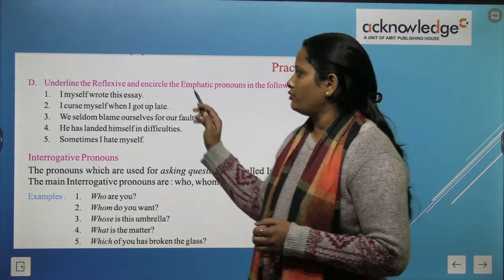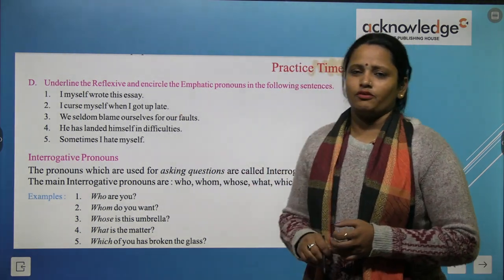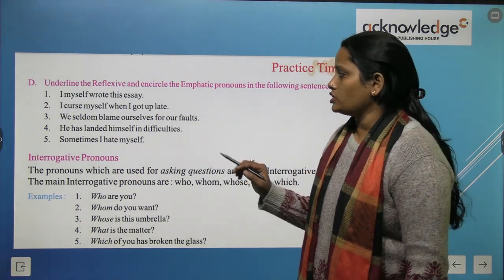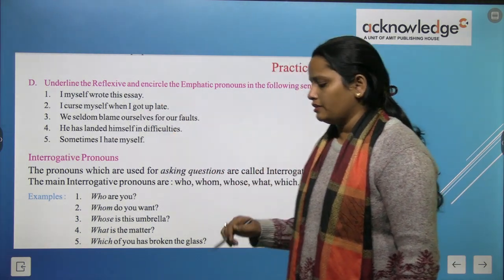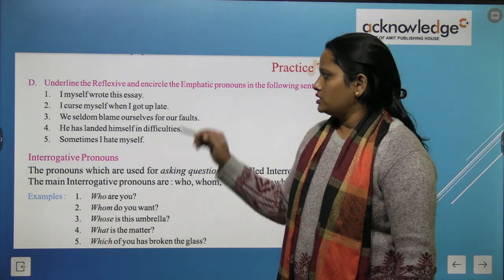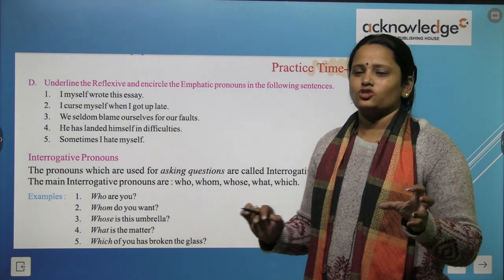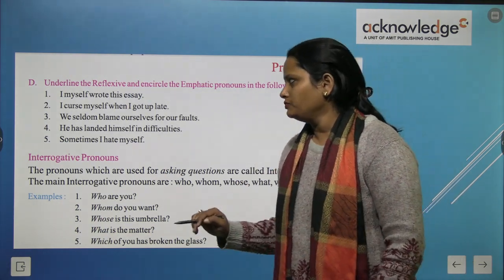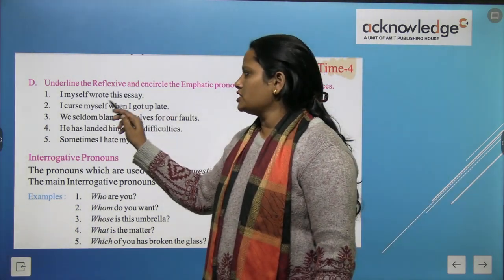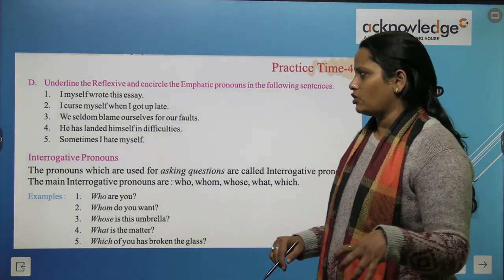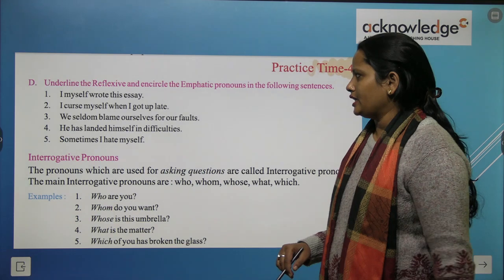Now underline the reflexive and encircle the emphatic pronouns here in the following sentences. So first one is, I myself wrote this essay. अब यहाँ पे I भी और myself भी है, दोनों एक साथ आ रहे हैं. So this is emphatic pronoun here. I cursed myself when I got up late. So मैंने curse किया खुद को जब मैं late उठा.